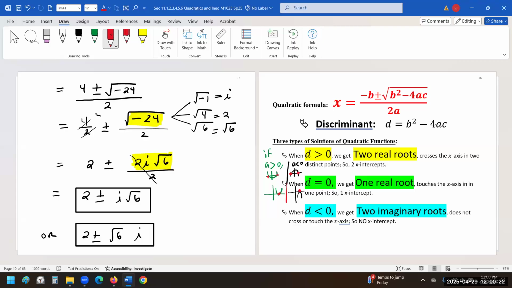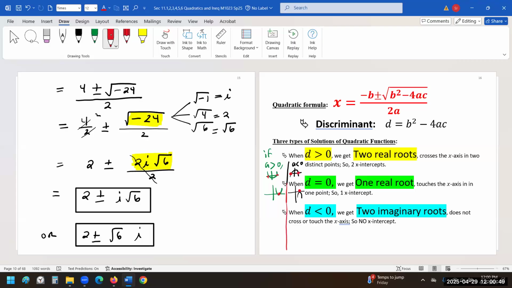And in the last scenario, if this thing is negative, we have 2 solutions, one positive and one negative, but this term is imaginary. So we get 2 imaginary solutions, and since they're imaginary, not real, we cannot have any x-intercept. What does that mean?